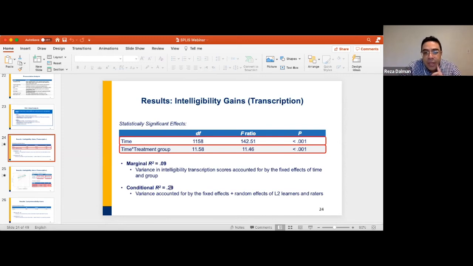But based on this conditional R2, it showed that around 20% of the variance in this result might be affected by the individual differences. Yeah, this is a good question, and this might be something that I need to consider in future research. But because I have the data, I can do this. Thank you for this very insightful question.